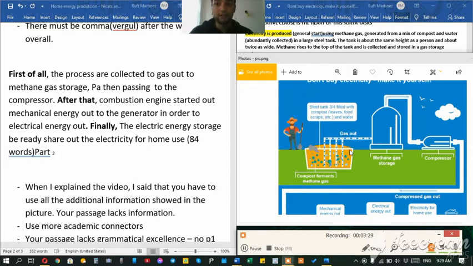I can see now what I'm doing here. I'm using this man, creating my sentences using the picture. Before I start, I'm saying what's going on inside. The tank is about the same height as a person and about twice as wide.